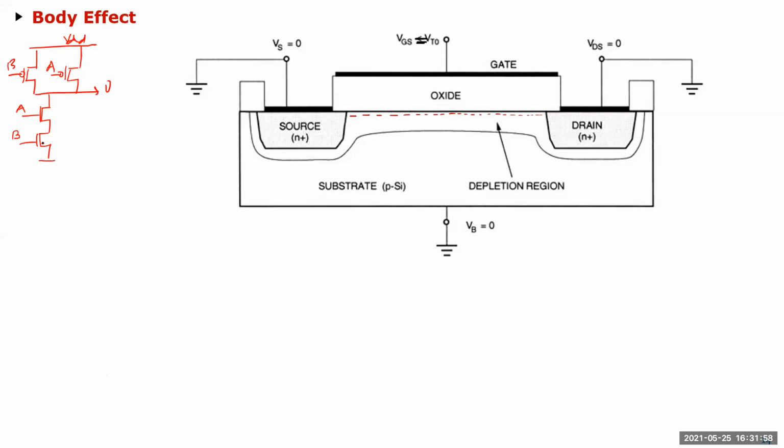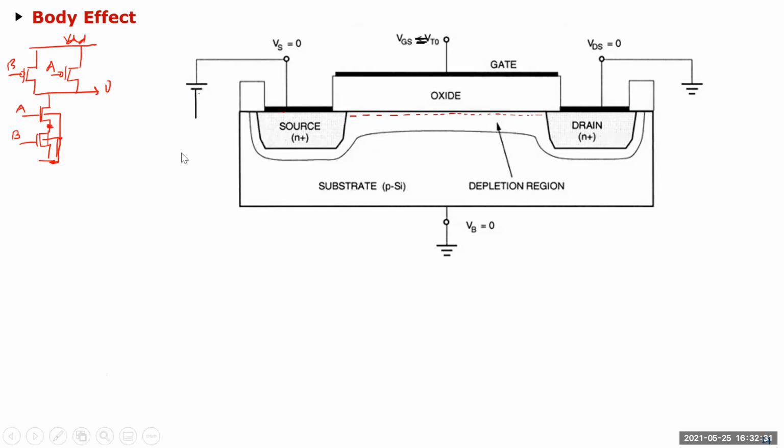Now if you look at this device here, all the bulks are shorted to ground, because for the substrate here you don't have an option. In twin tub you have an option, but here you don't. So mostly we try to keep the bulk at the same potential. But when this series transistor is on, this voltage is not at ground. It is whatever the current flowing through it and the channel resistance make it. Which means this source voltage will be sitting at some higher voltage, right? It won't be sitting at ground here.